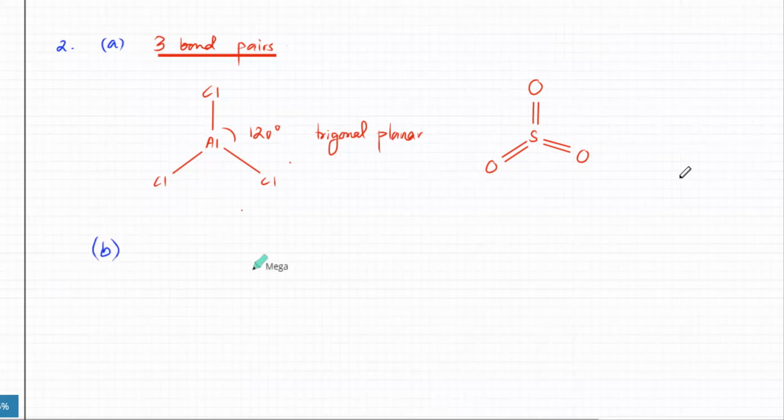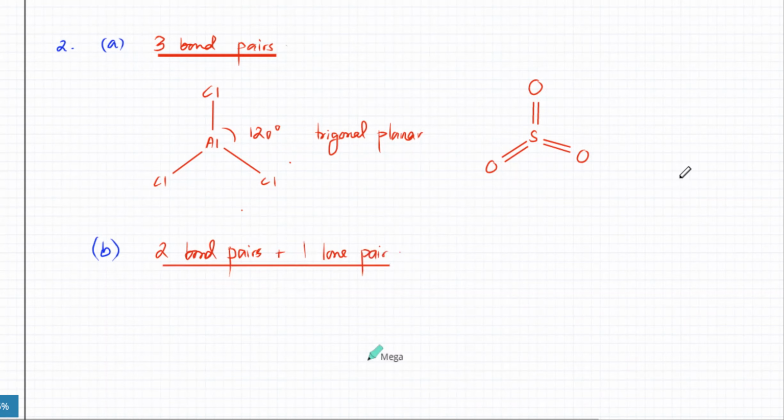And in this case, you have two bond pairs plus one lone pair.